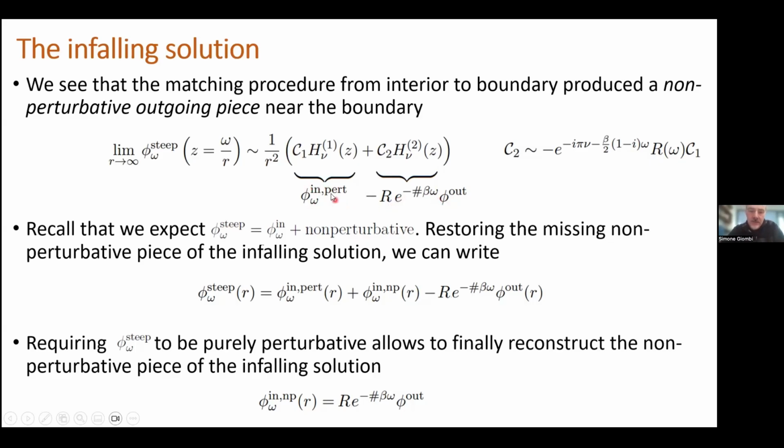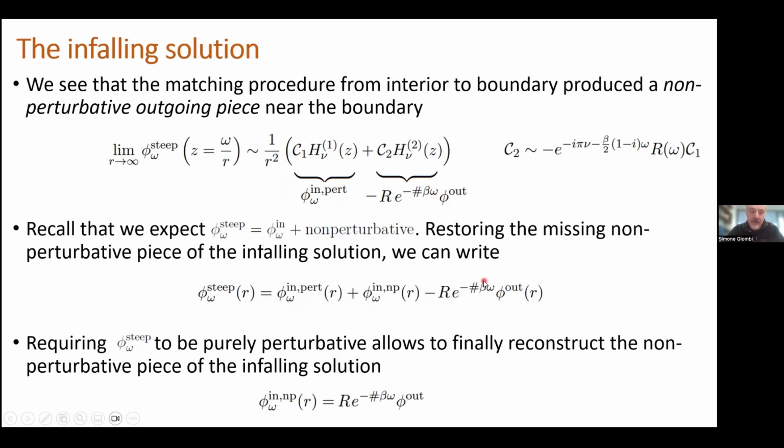Now, this is just a perturbative part, but if one also restores the non-perturbative part, which is not captured by this calculation but has to be there in the full solution, then one can write a relation like this: the steepest descent solution as the perturbative part of the physical solution plus non-perturbative plus this term that we have derived from the matching with the interior.